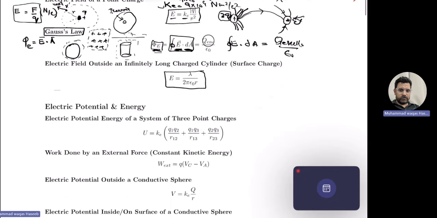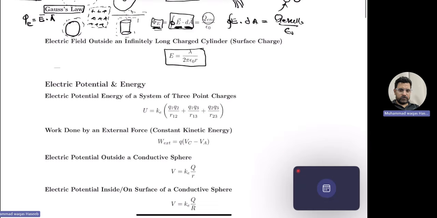Now move to the concept of electric potential energy. The electric potential energy of a system of three charges is represented as follows. Between two charges, it is K Q1 Q2 over R12, where R12 is the distance between the two charges.